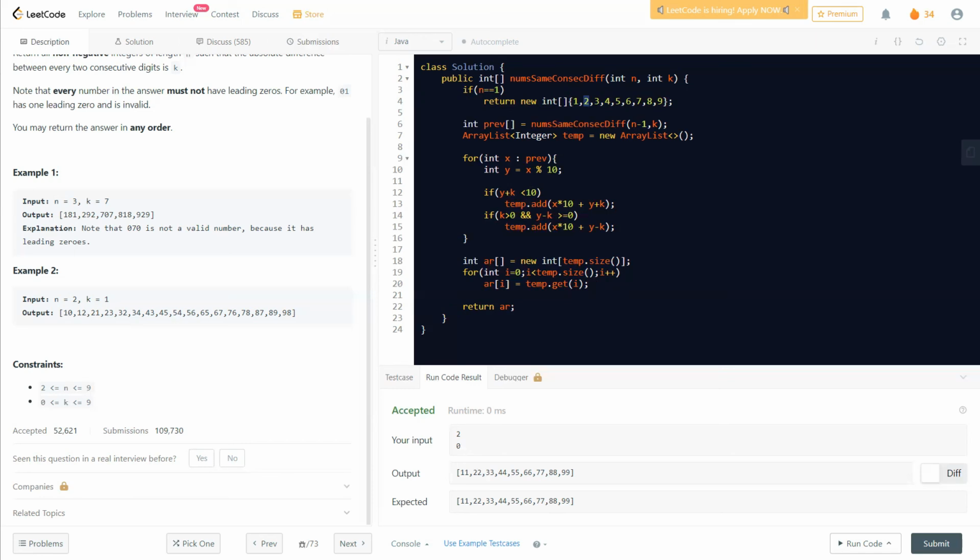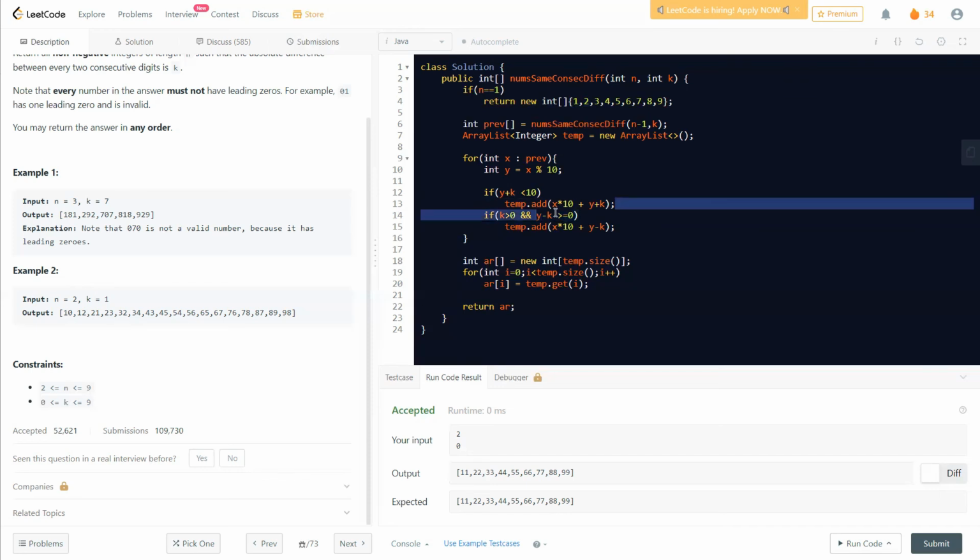Now, if we look carefully, if k is greater than or equal to 5, then y minus k may not be valid in all cases. So in that case, our complexity comes down to order of n. But if k is less than y, that means we need to do two things at once.